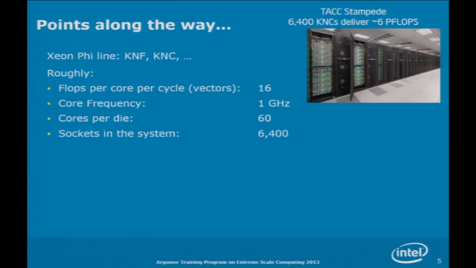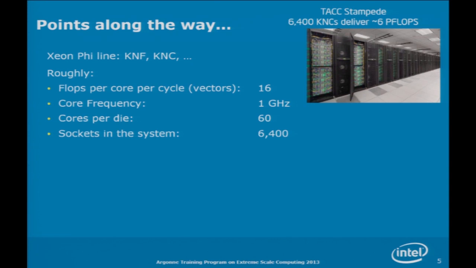This is a picture of a system of the chip that I've been involved with, the Xeon Phi KNC. I always trip over these. We have code names, and Knight's Corner is the name of that chip. I work on a chip a couple of generations after this one.